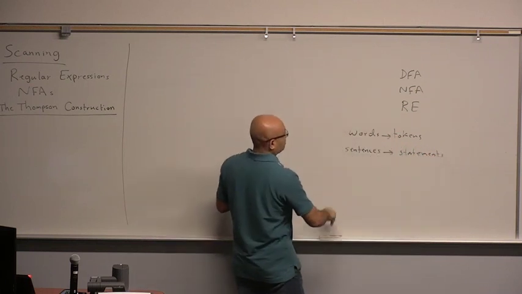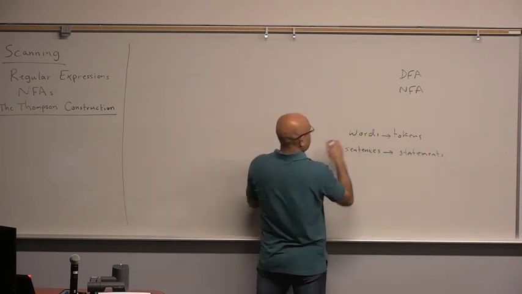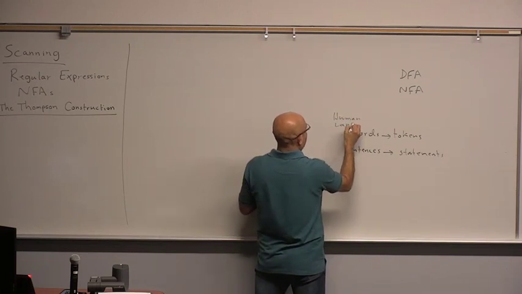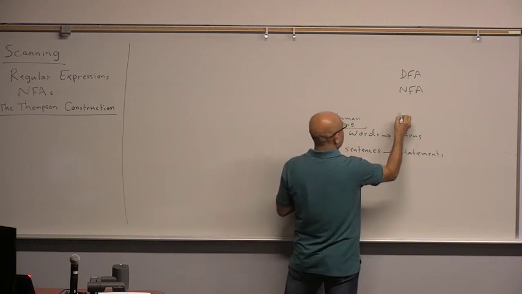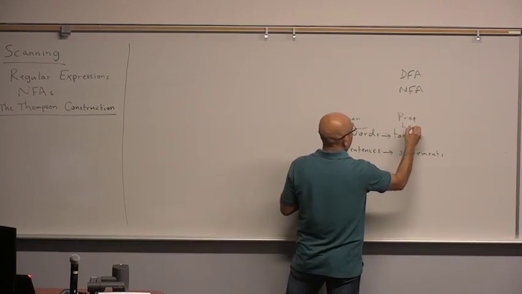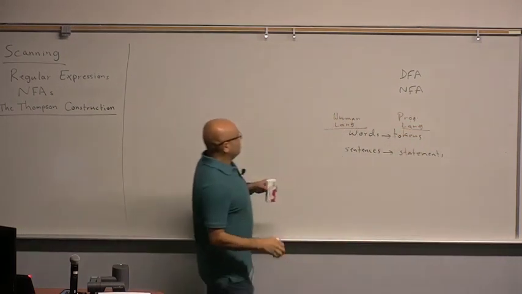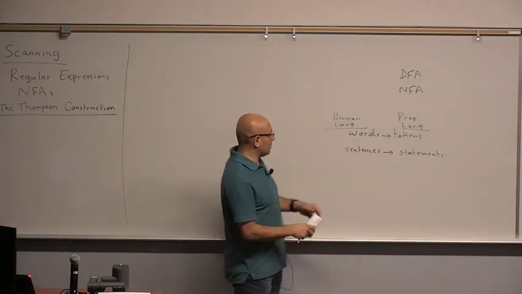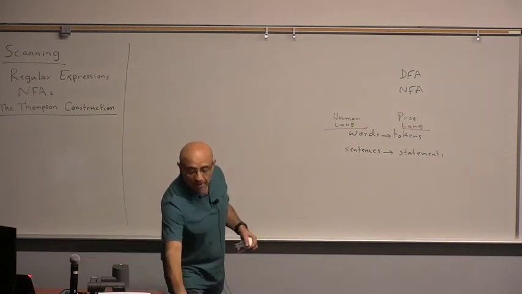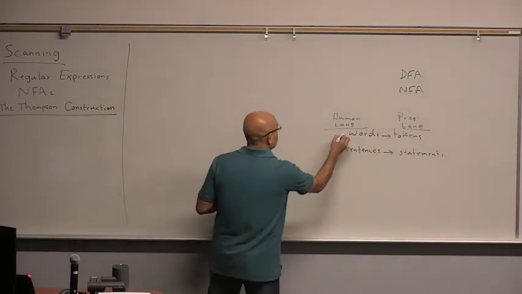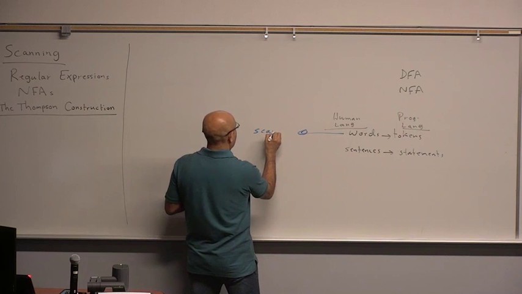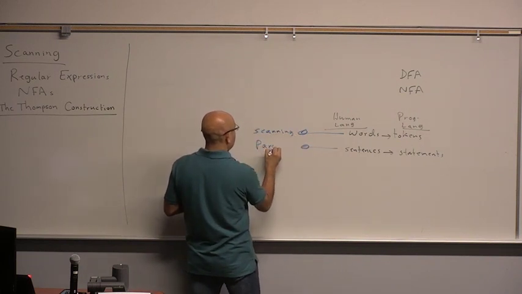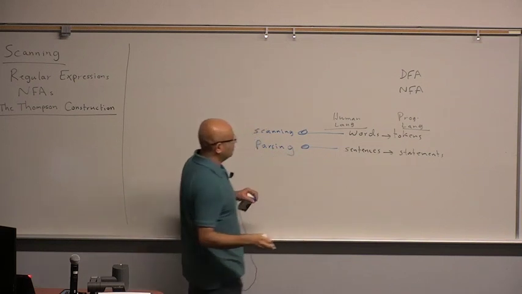You know, this is the human language, and this is the programming language. So words correspond to tokens, and sentences correspond to statements, and recognizing words is the scanning, while recognizing sentences is the parsing, which is the part that we haven't gotten to yet.